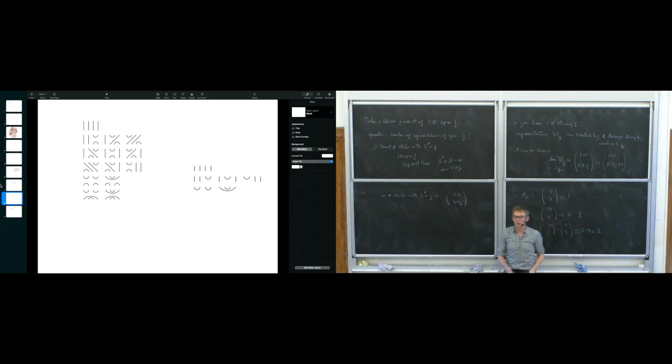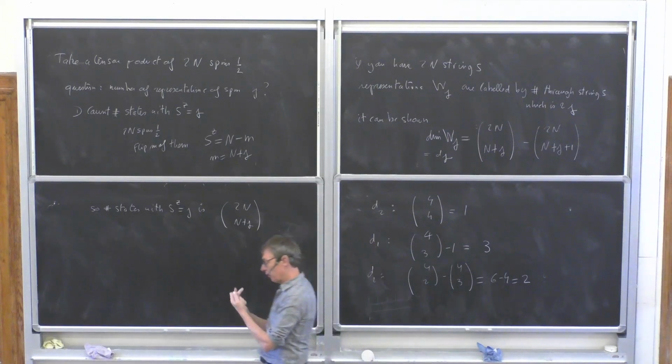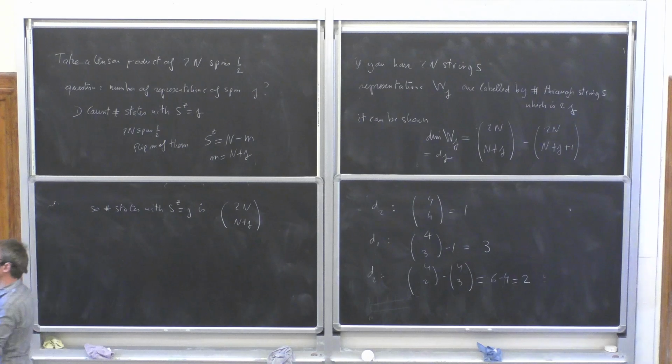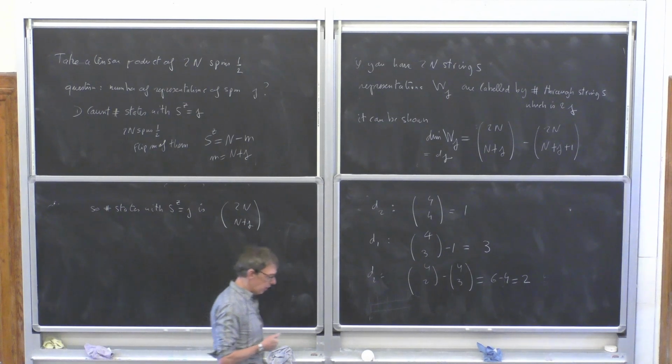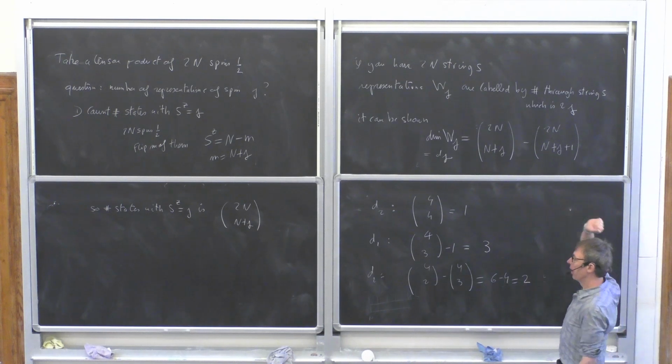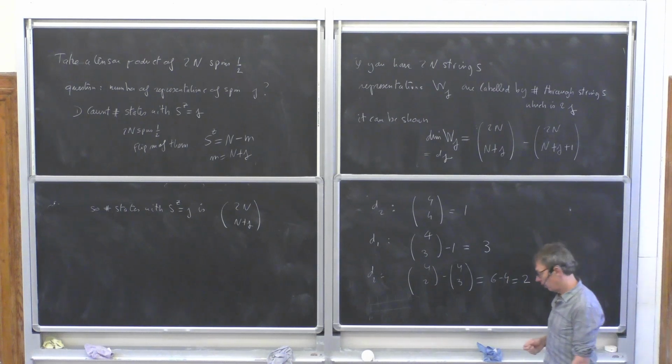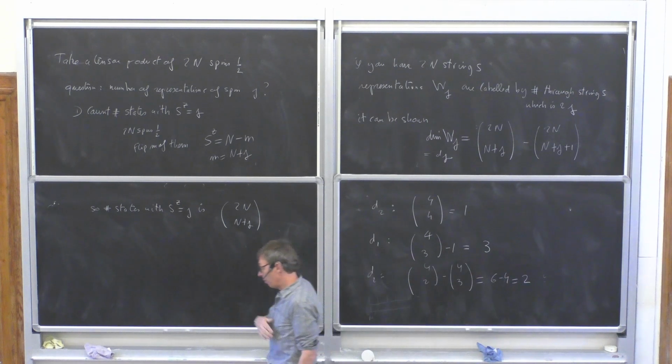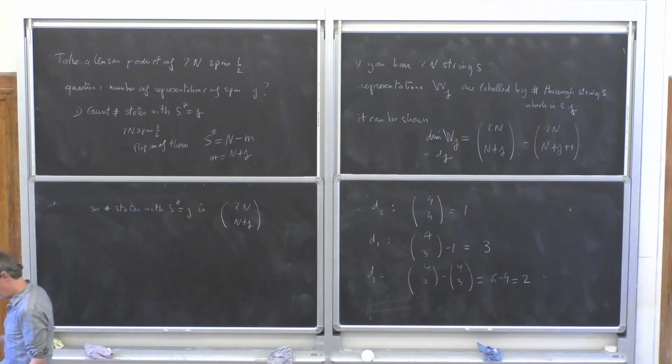But a state with Sz equals j is not necessarily a highest weight state. How am I going to count the number of representations of spin j? I need to find the states that have an Sz equals j and that are not the S minus of something else. How can I count the number of S minuses of something else? Well, what I can do is take all the states of spin j plus 1. If I have a state of spin j plus 1, by construction of representations of SU2, I can always act and lower it by 1.